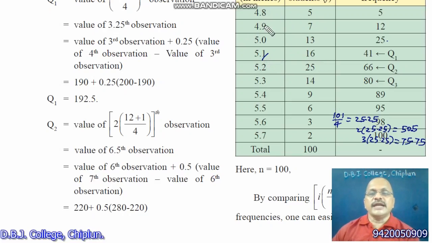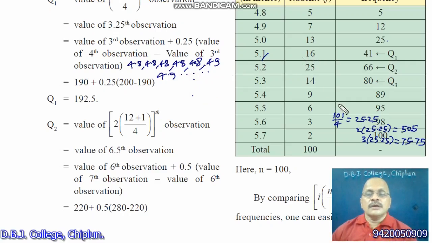That means this data will be like this: 4.8, 4.8, 4.8, 4.8, 4.8. First 5 are 4.8. Now the next 7 are 4.9, so write 4.9 seven times. In this way, write 5 thirteen times, 5.1 sixteen times, and so on.